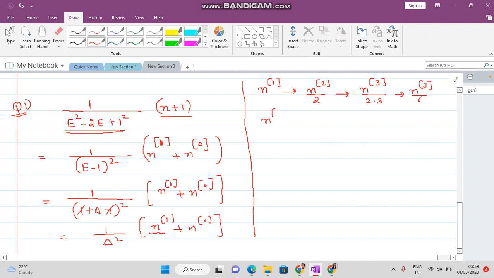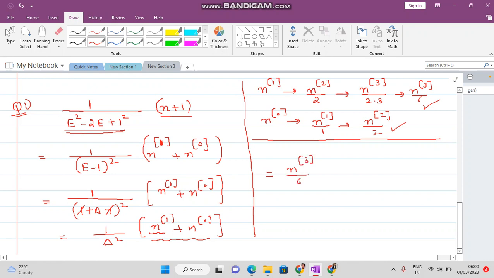Similarly, perform two integrations of n raised to the power 0 factorial: it is n raised to the power 1 by 1, then again integrating, it is n raised to the power 2 by 2. So when you integrate this function twice, you will get n raised to the power 3 factorial by 6 plus n raised to the power 2 factorial divided by 2.